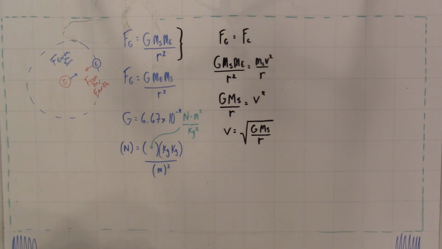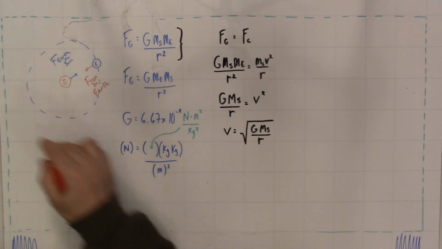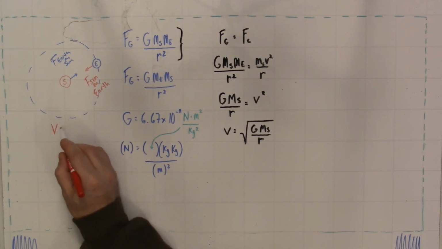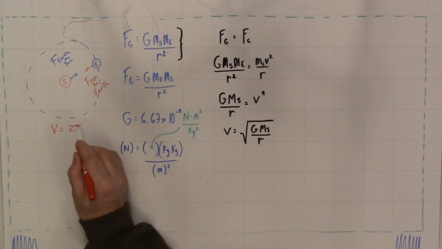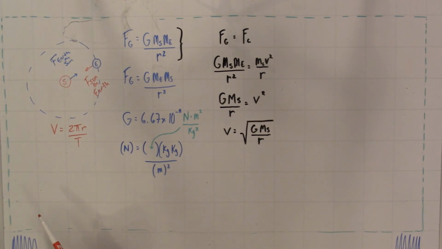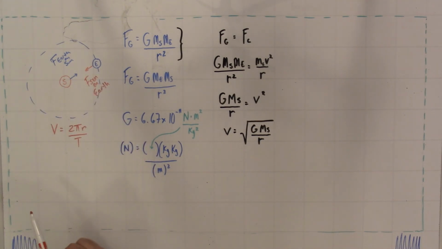If we go one step farther here, and we have the sense that if you're in repetitive circular motion, we could say that the speed is equal to 2 pi r over T, where 2 pi r is the circumference of your orbit, and capital T is the period, the time it takes you to go around one time.